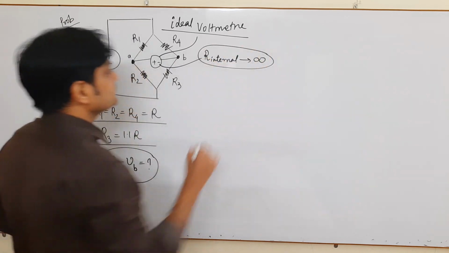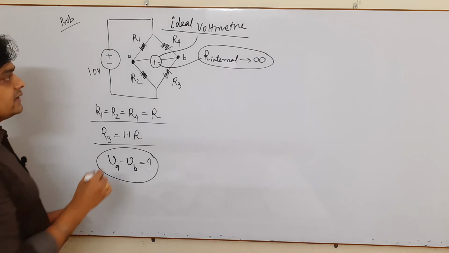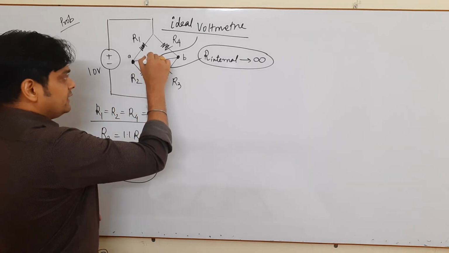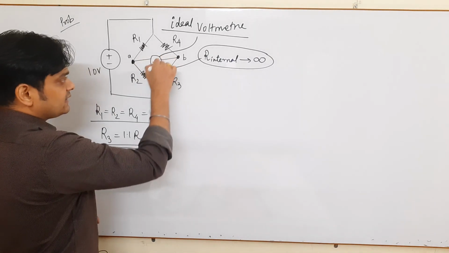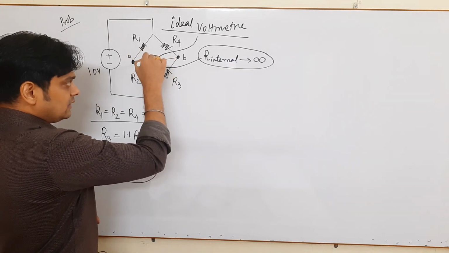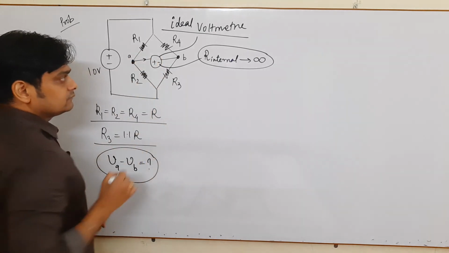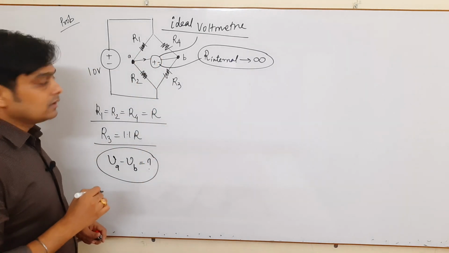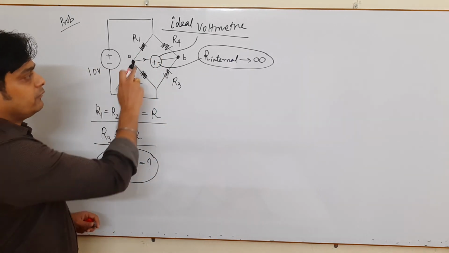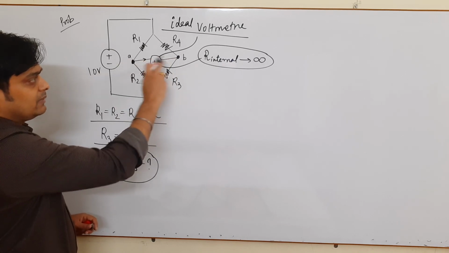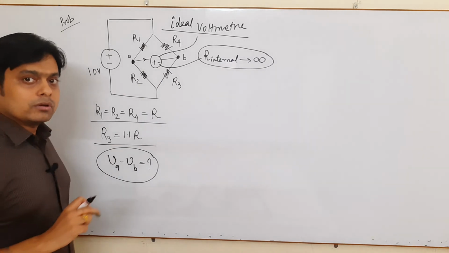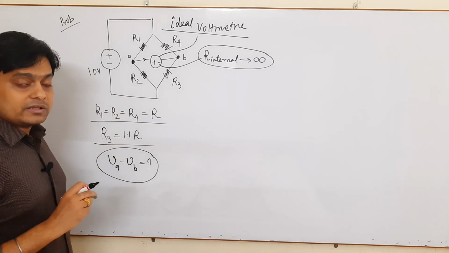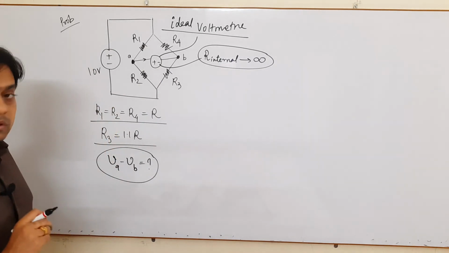It is infinite. R internal is infinite. It means if there exists an infinite resistance, definitely no current will enter here. The basic problem for us is that if no current enters here, then it will be easier to solve this problem. Otherwise it takes too much time to solve.